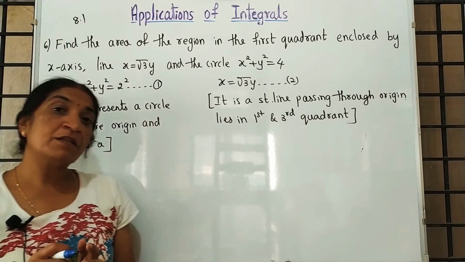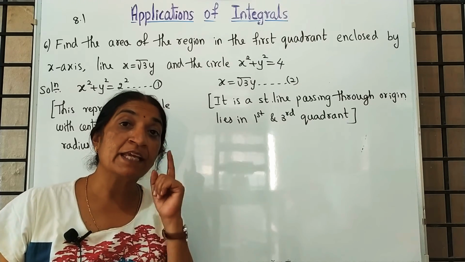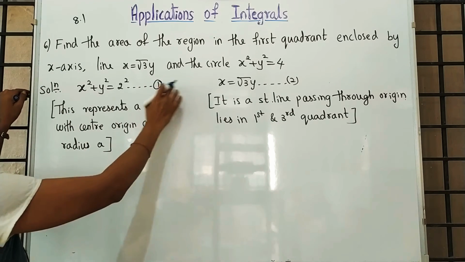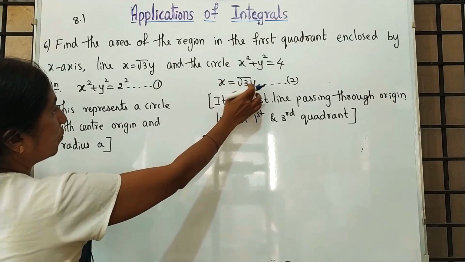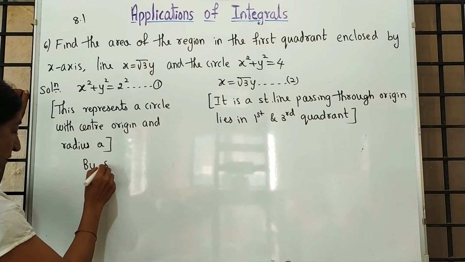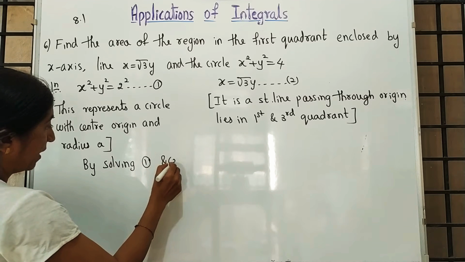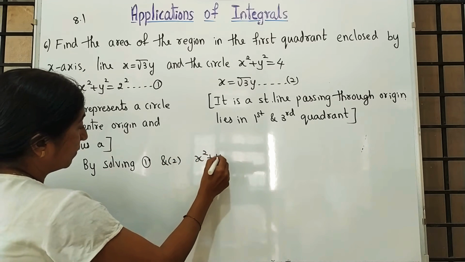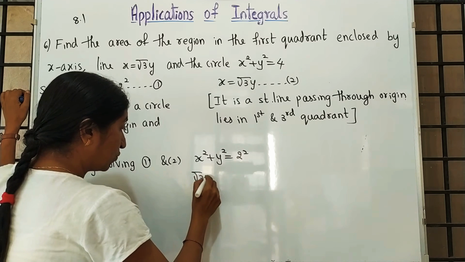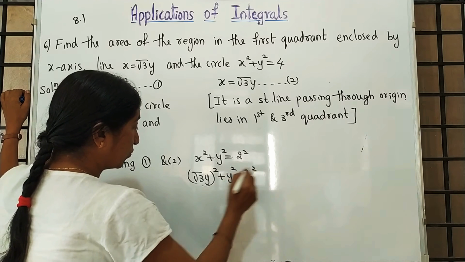Here that means now you know that the line and the circle meet in the first and the third quadrant. First I will solve these two equations. I am writing x is equal to root 3 y in this equation by solving 1 and 2. 1 is x square plus y square is equal to 2 square. x value is root 3 y whole square plus y square is equal to 2 square.